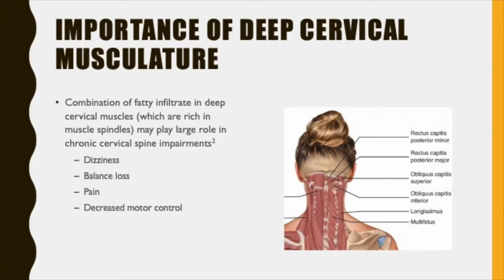Given this potential fatty infiltrate within the deep cervical musculature, specifically the cervical multifidus, which you can see pictured here on the right, these may play a very large role in the reason why patients have chronic cervical spine impairments, which can be related to dizziness, balance loss, pain, or just the fact that they have decreased motor control of these muscles.